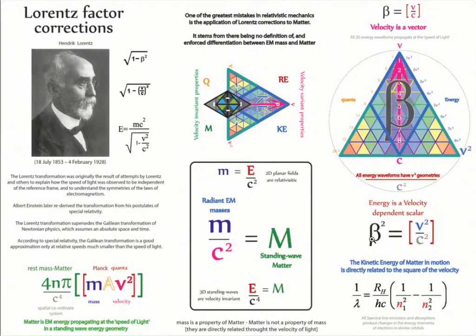And we can also express Lorentz correction factors for the scalar properties of the chem field, its mass, its energy, etc. In which case it's v on c squared, quanta squared per c squared.